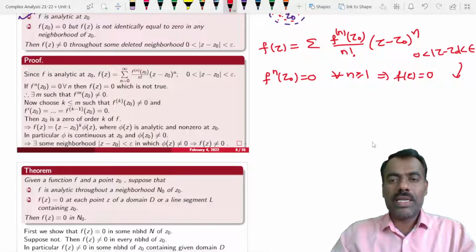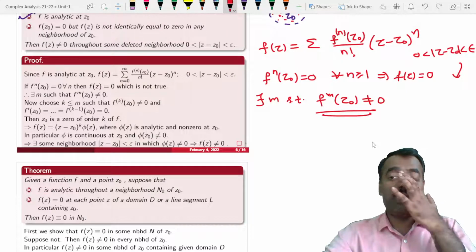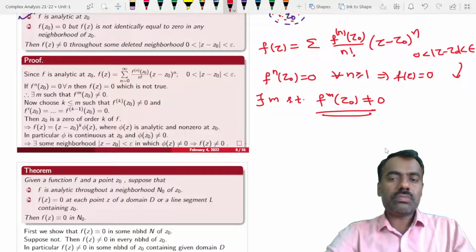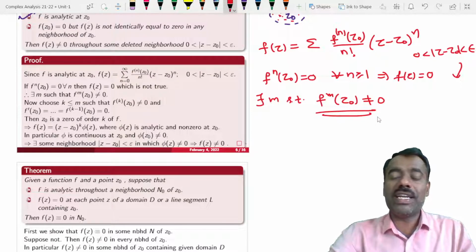That shows that there exists some m such that f^(m) of z naught is not equal to 0. Now we have one stage definitely where f^(m) of z naught is non-zero.